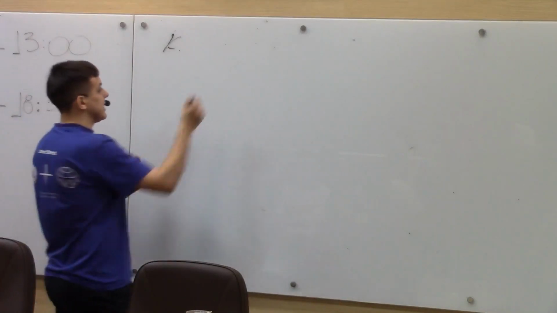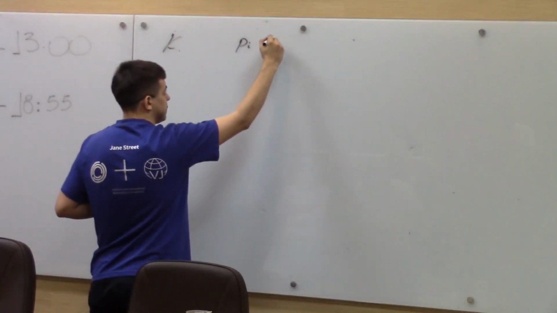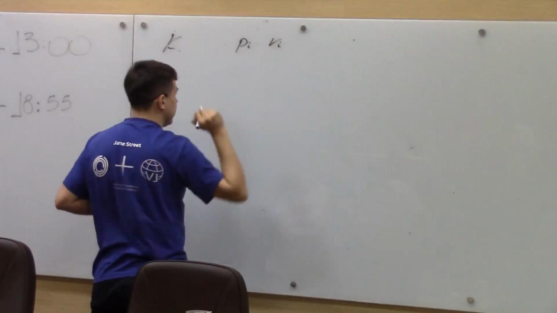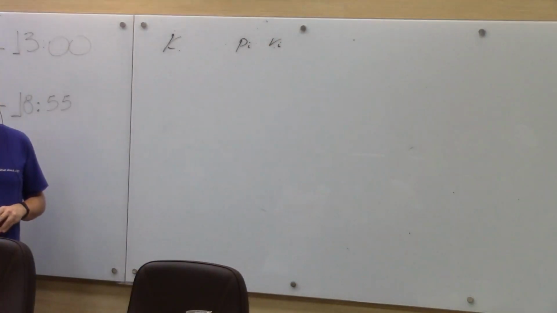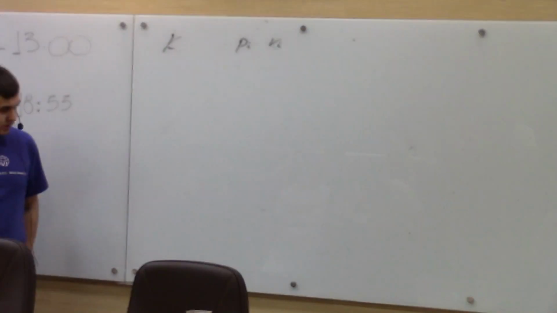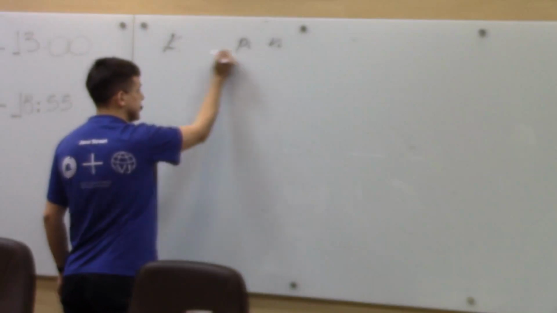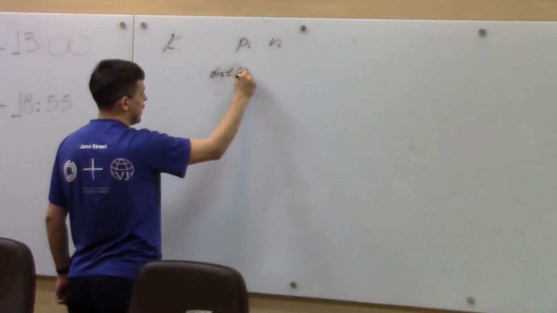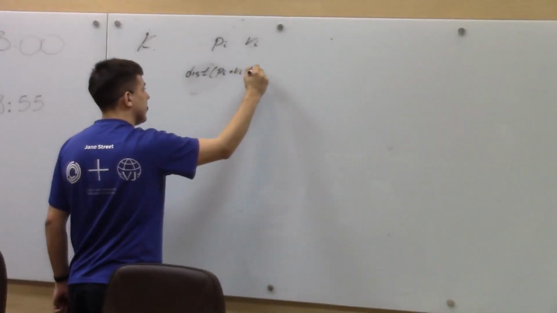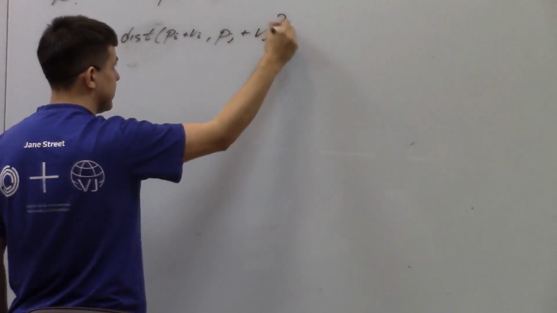Well, let's see. So we have point pi and we have vectors vi. So let's find the total sum of distances between all possible points. Well, what is a square distance? So what's distance between pi plus vi and pj plus vj squared?